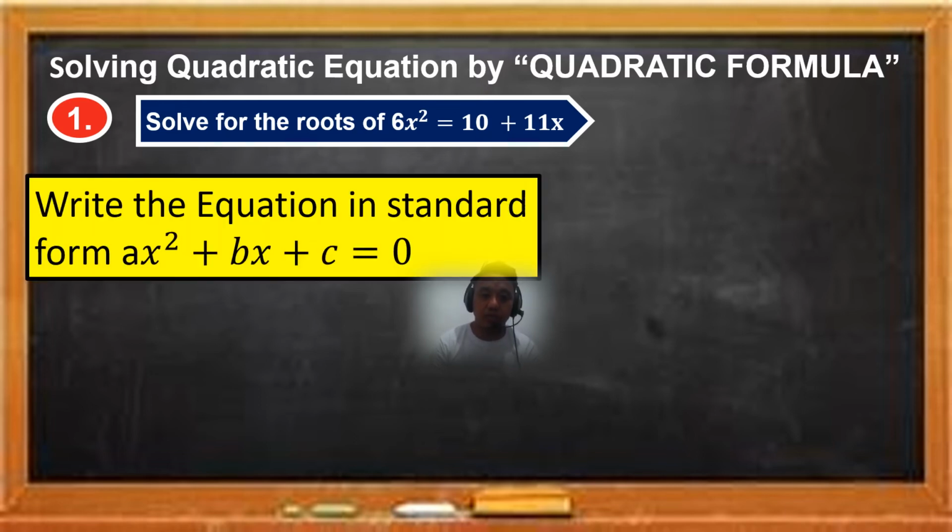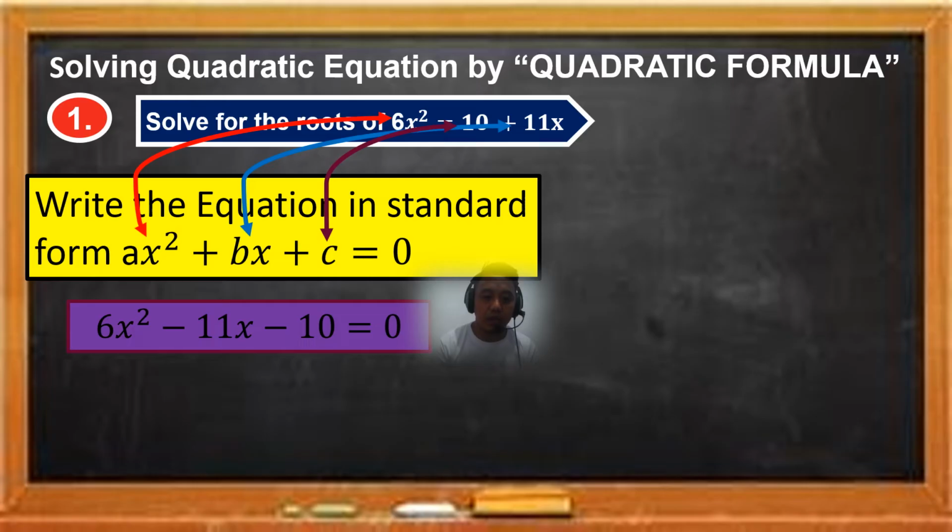So, i-rewrite mo muna yan sa standard form. Ililipat, at itong 10, ayan siya. So, pagsasamahan, ano na yung magiging itsura niyan? So, ang gagawin lang natin, transposition lang naman. Hindi na tayo magmumultiply. So, that will be equal to 6x squared minus 11x minus 10.